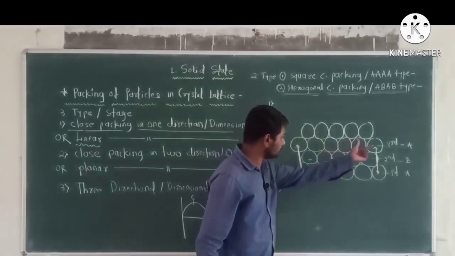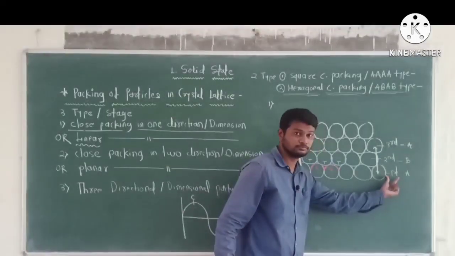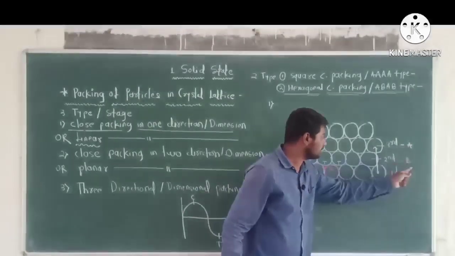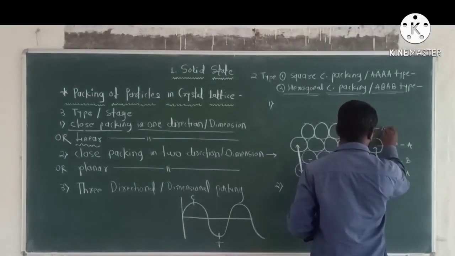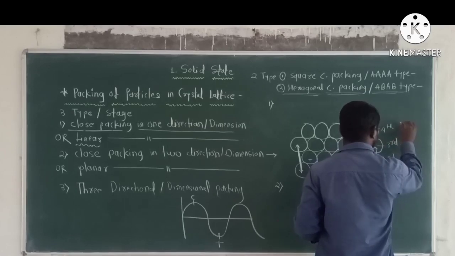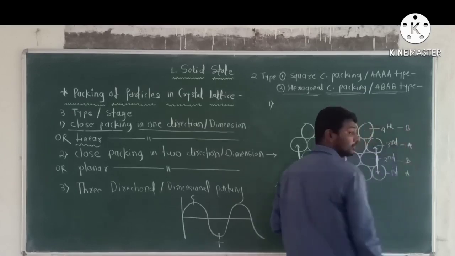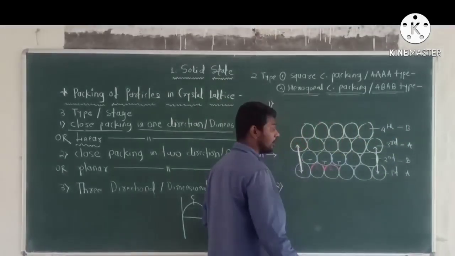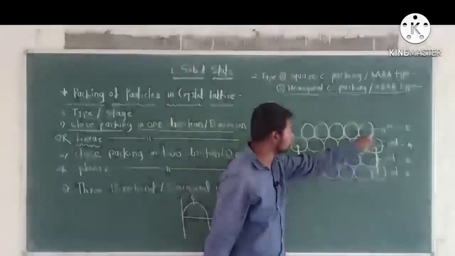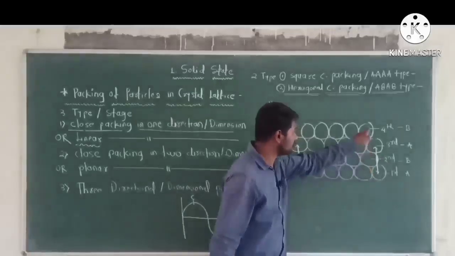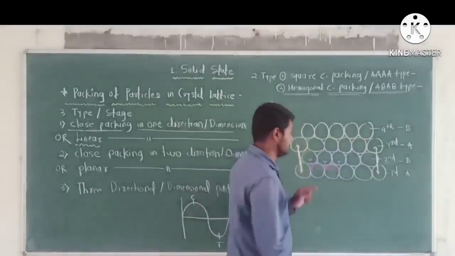Therefore the third row is called A type, while the fourth row is called B type, because the location of constituent particles of the fourth row and second row is the same or identical.